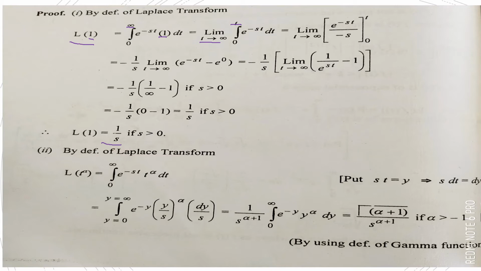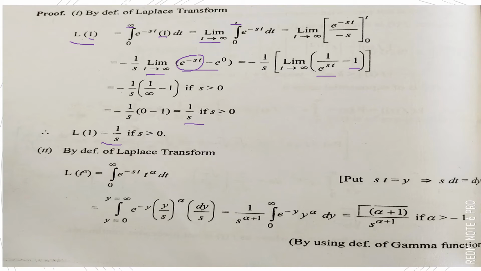We know that the integration of e raised to minus st will be e raised to minus st upon minus s. By putting the upper limit and lower limit, we get these values. E raised to power 0 is 1. When t approaches infinity, it becomes 0 because 1 upon infinity is 0. So this part becomes 0. So we get 1 by s.